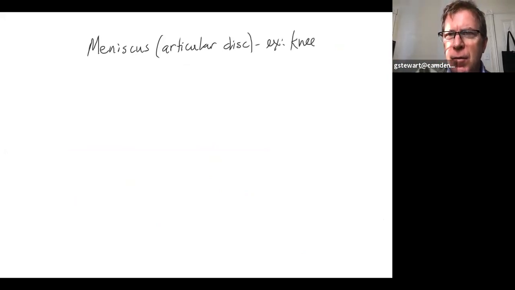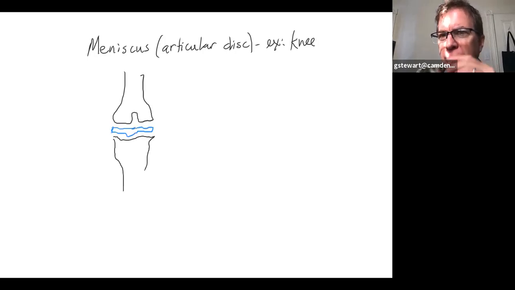I'm not going to draw that joint all over again and all of the constituents of it. But the meniscus is a mostly fibrocartilage pad. It's not perfectly flat like a pancake. It takes on a certain shape to help our knees twist and lubricate.